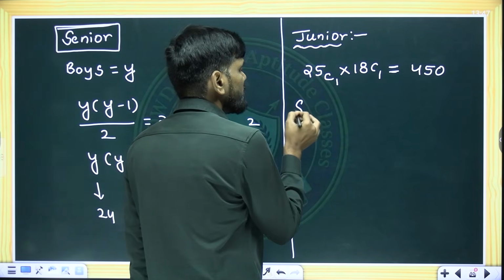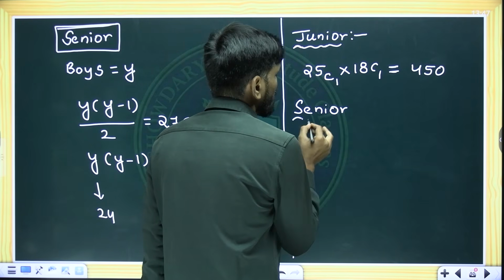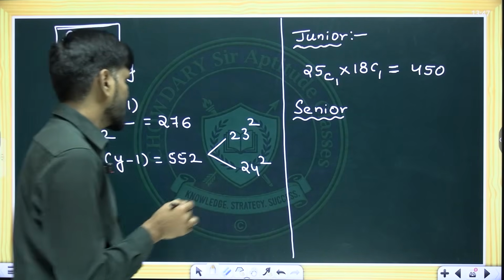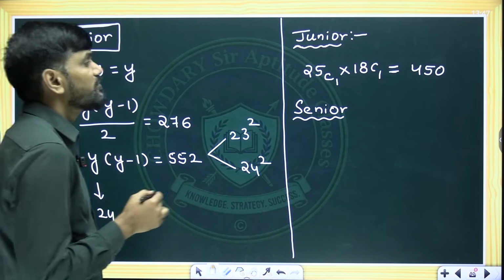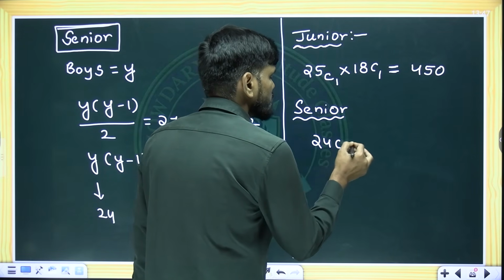At senior level, we know the number of boys is 24. If 24 boys are there, girls must be how much?